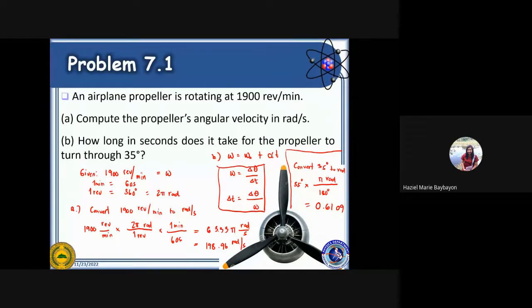35 divided by 180. Okay. So it's 0.61 or 7 over 36 pi. Naa bay nakakuha og 7 over 36 pi diha? So correct pud na siya, no? 7 over 36 pi. Or 0.6109 radians.